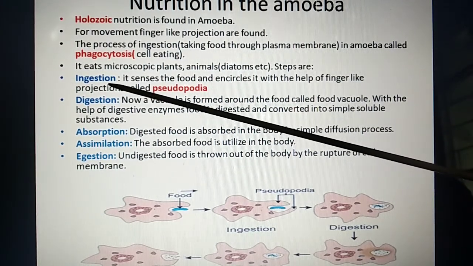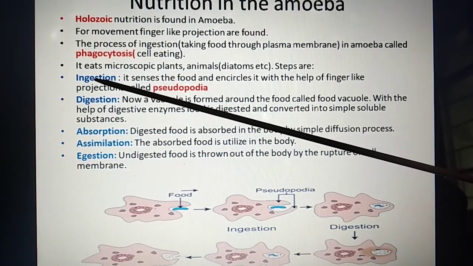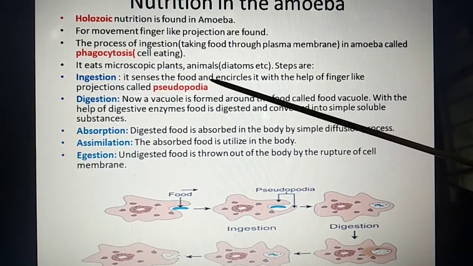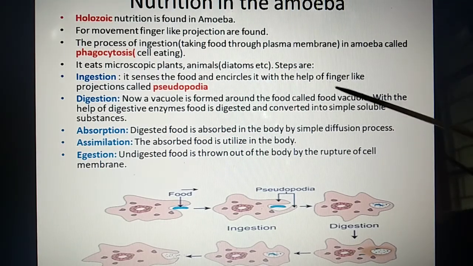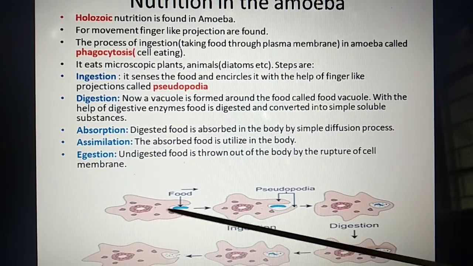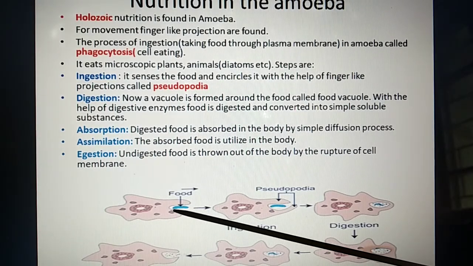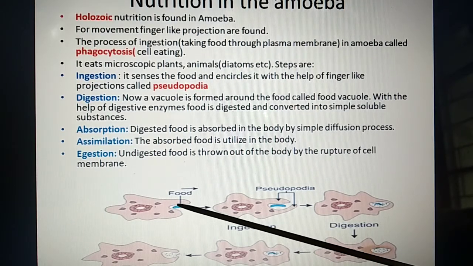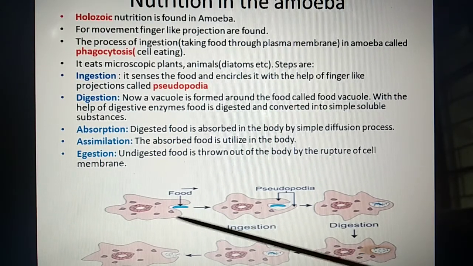First is ingestion. As I told you already, in means inside. It means amoeba senses the food and encircles it with the help of finger-like projections called pseudopodia. Now see the figure. In this figure, you can see, yeah, these are the finger-like projections. These are called pseudopodia. With the help of pseudopodia, it encircles the food from here and here.